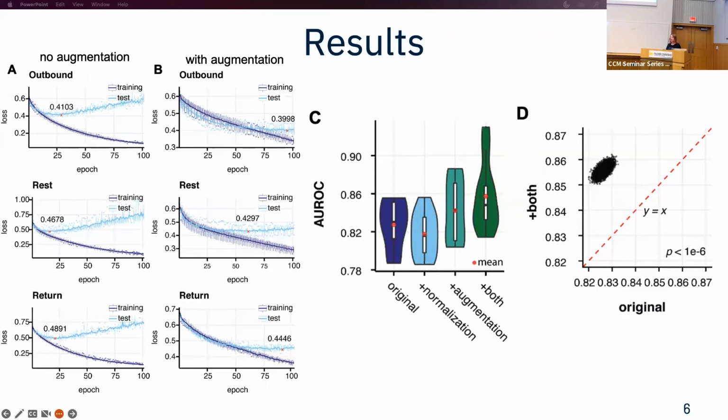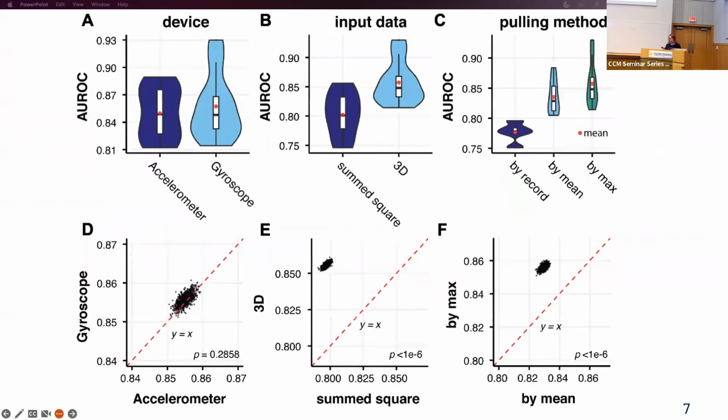So this shows that the augmentation method is effective for this kind of noise. And on the right side, we show that using both normalization and augmentation significantly improves the performance of our machine learning model. So this is basically our secret in winning the Dream Challenge.